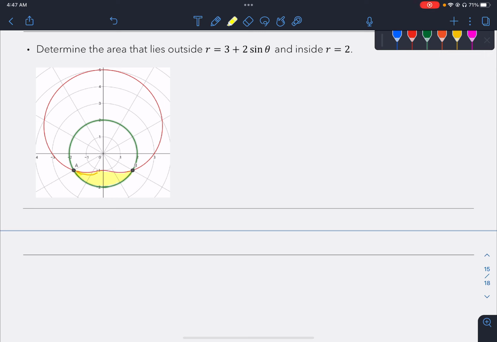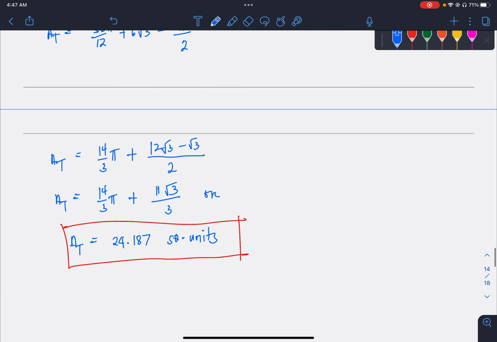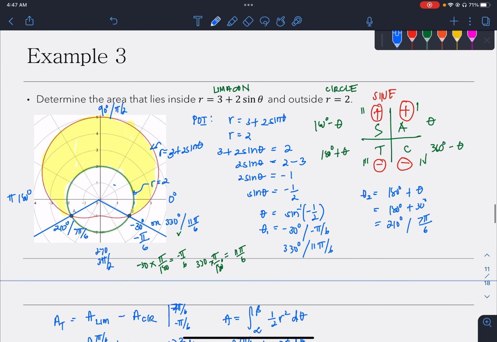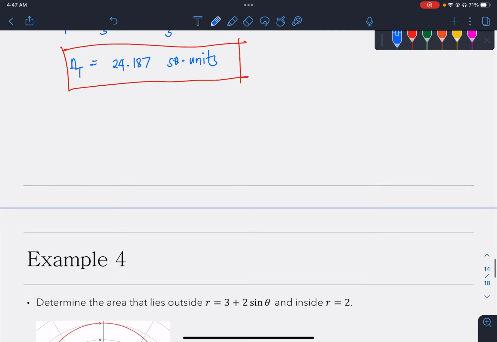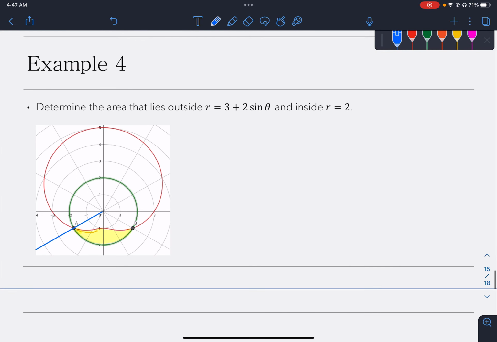So this is the area that we will be finding. So this time, if we're going to find that, we're going to use the limit. This time that will be 7 pi all over 6. So this is 7 pi all over 6.